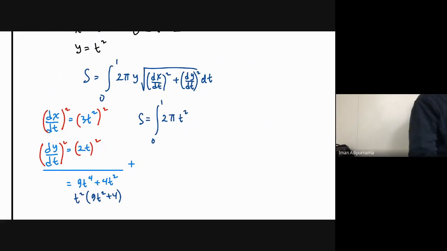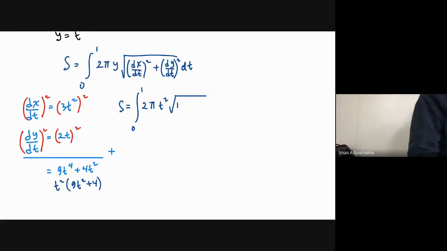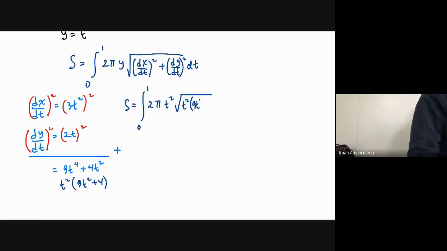So 2 pi t squared, and then a square root of 9t squared plus 4, and then dt.